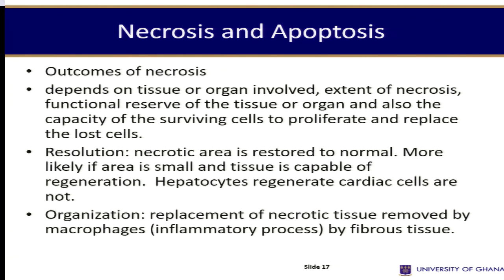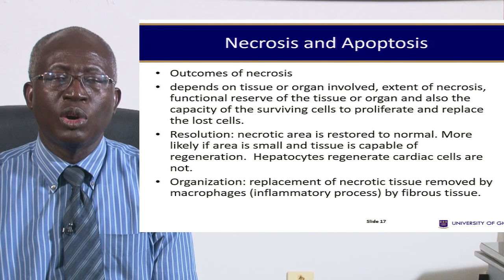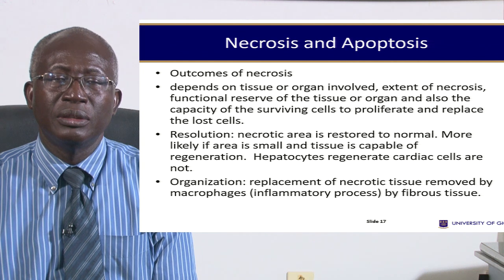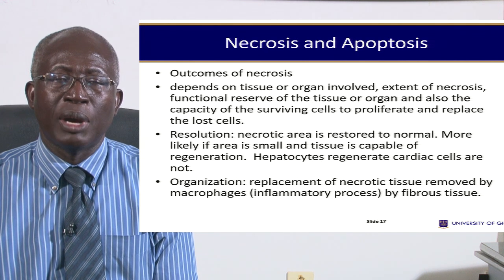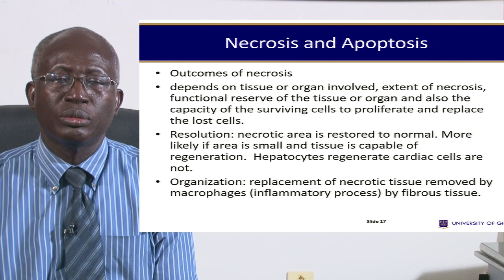It's more likely when the tissue present there are capable of regeneration. For instance, the liver may regenerate, but the heart cannot. So resolution can occur in hepatocytes. The next one is organization, where you replace the necrotic tissue by fibrous tissue.